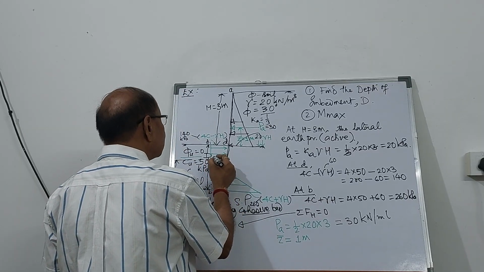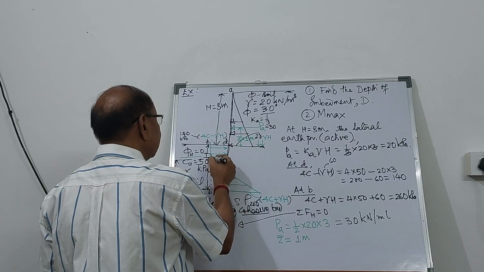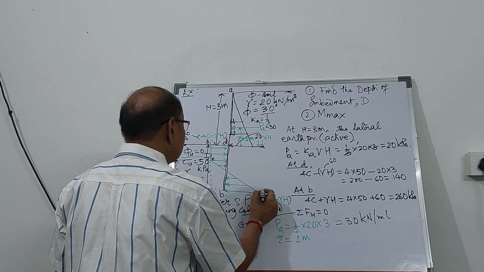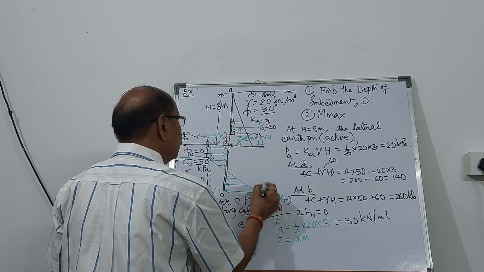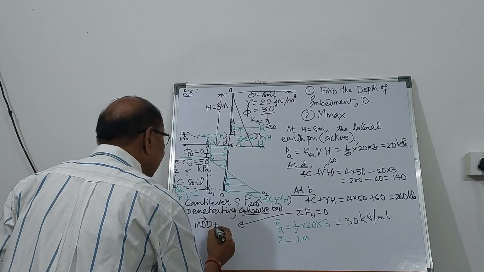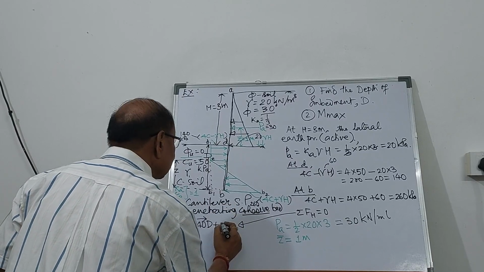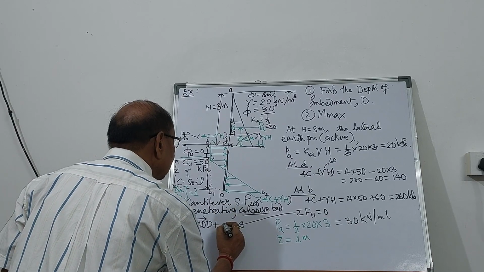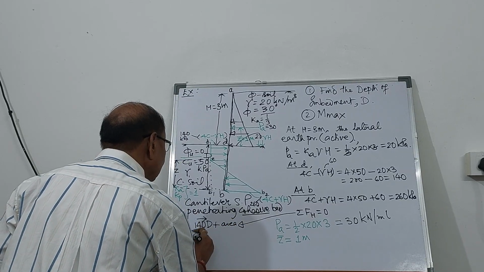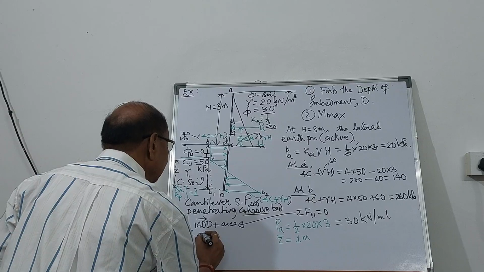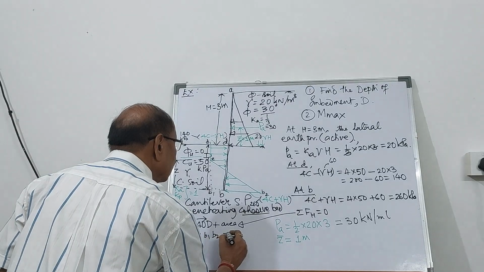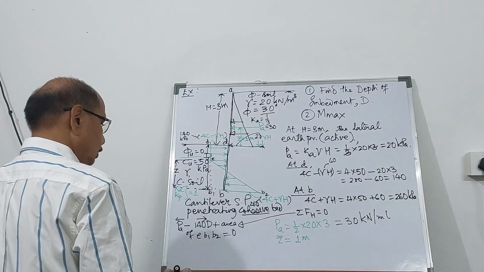If I call this point as E, B1, B2 can be the total area. So total area of E, B1, B2 must be equal to 0.